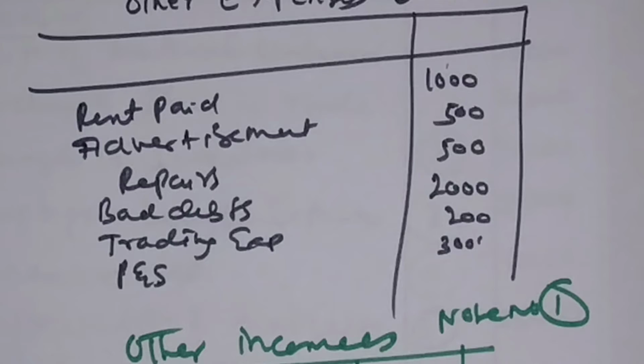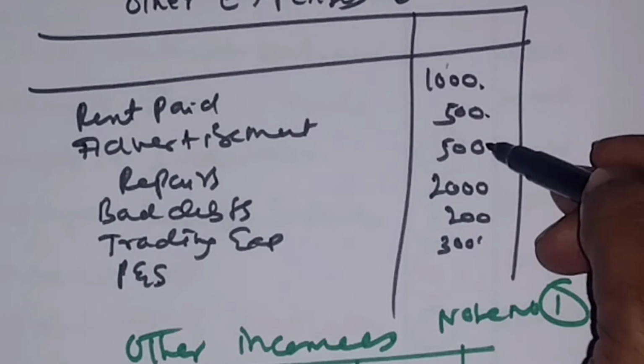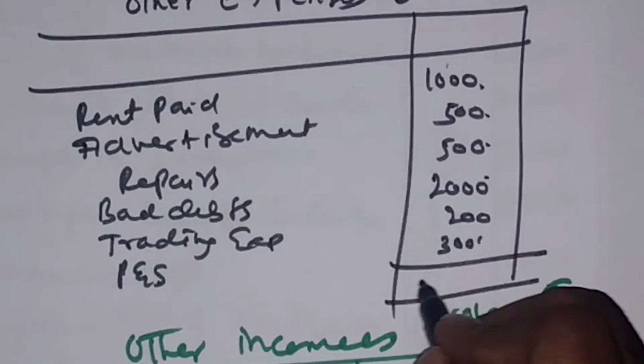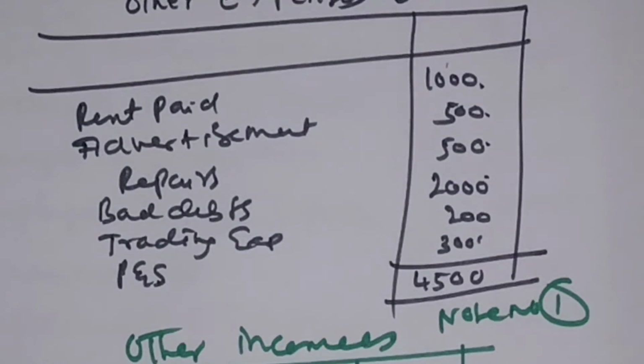Like that, n number of expenses will appear in other expenses. Total we have got 1,000, 1,500, 2,000, 4,000 and overall 4,500. So other expenses, note number 6.